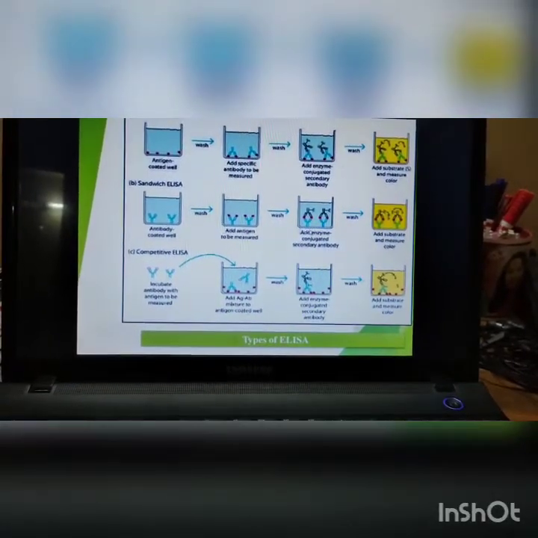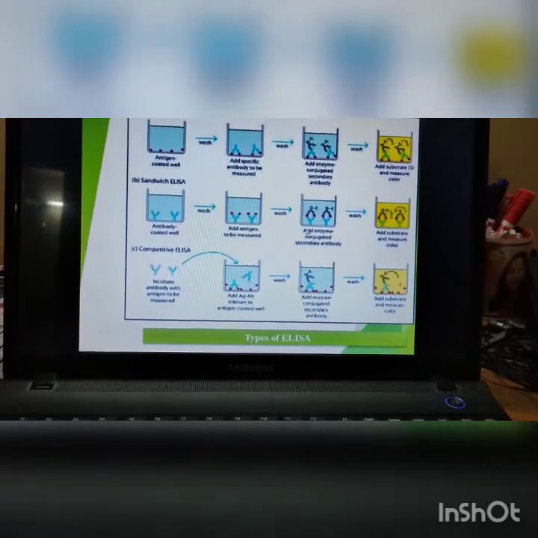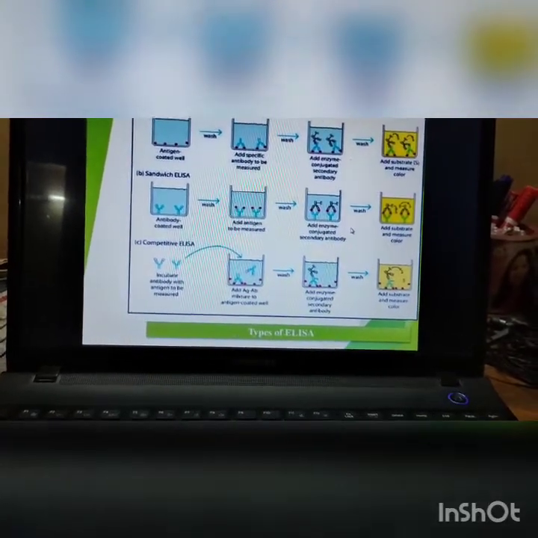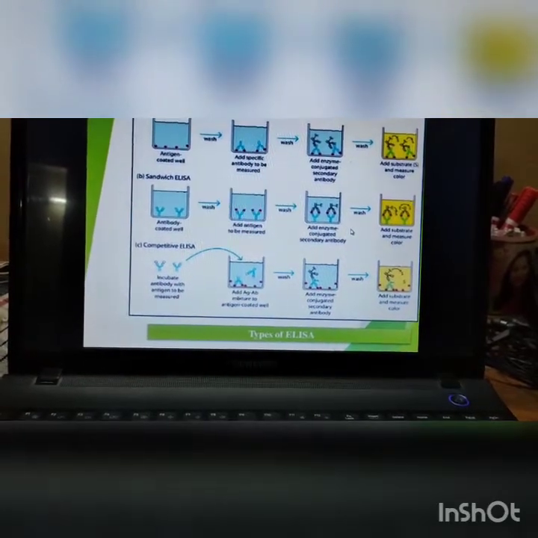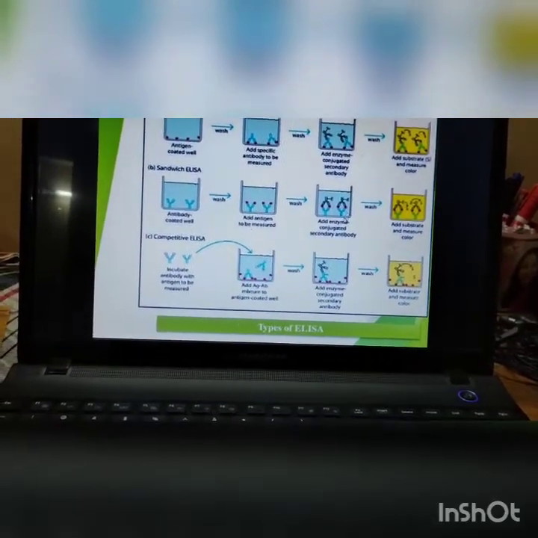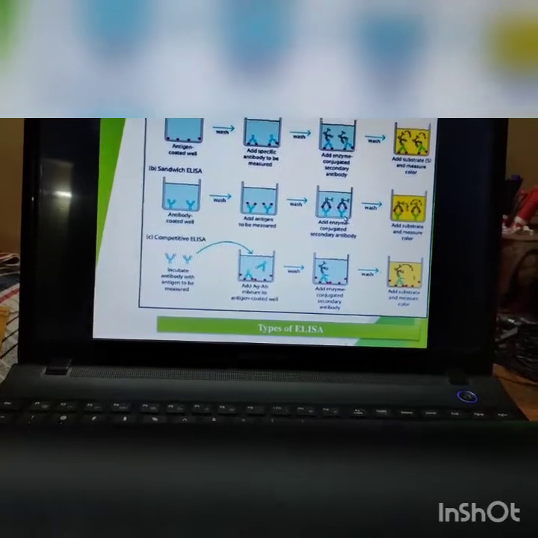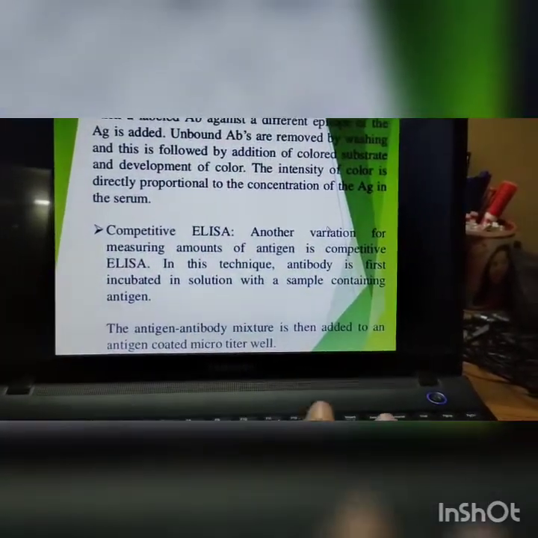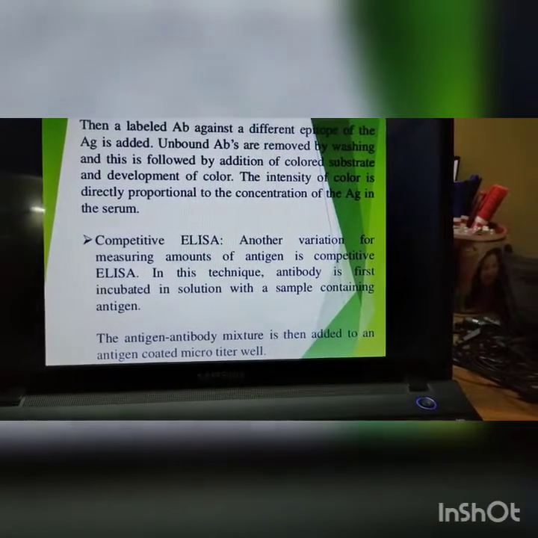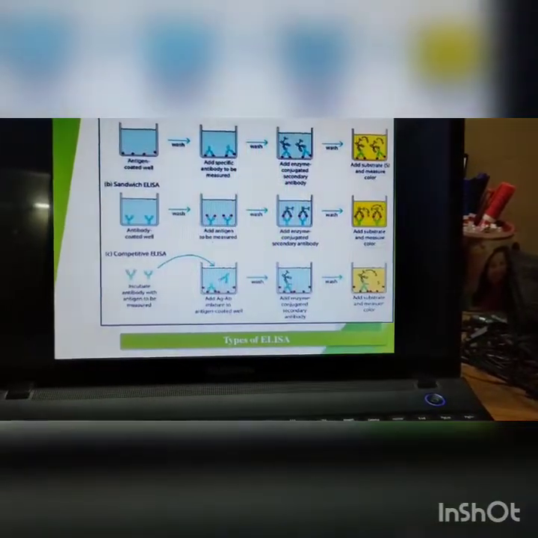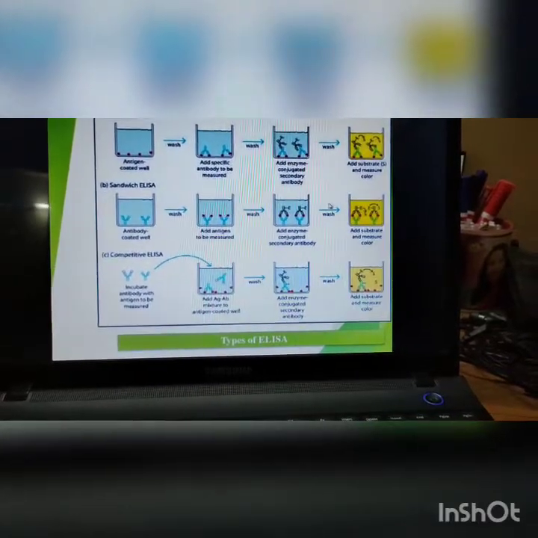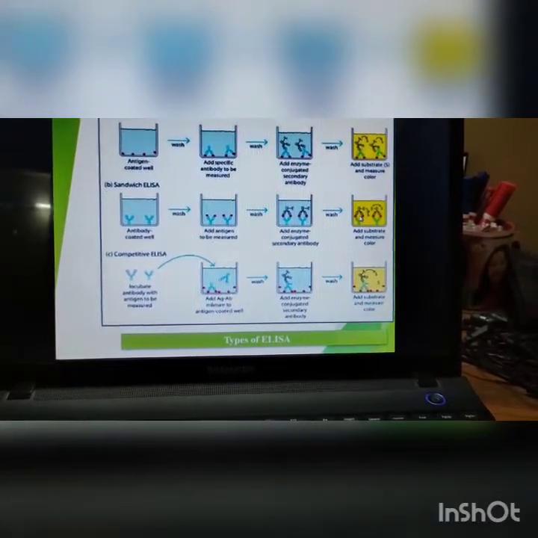After that, the conjugated secondary antibody, shown in black, is added. Then wash again, but it will not be removed, because the antigen is present in between the two antibodies. Then add substrate and measure the color, and that color shows the intensity of the antigen.